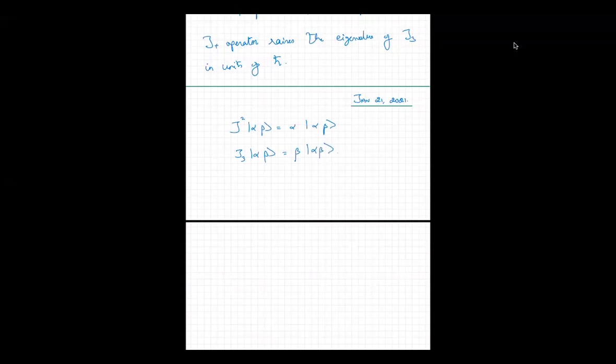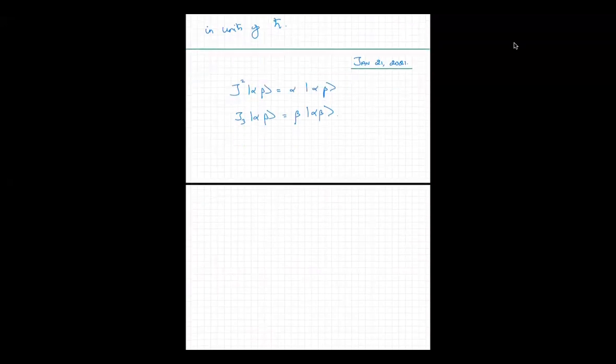And whenever I say that these are the eigenvectors, trivially this means that in this basis, in the alpha beta basis, the matrices for J square and J3 are diagonal.